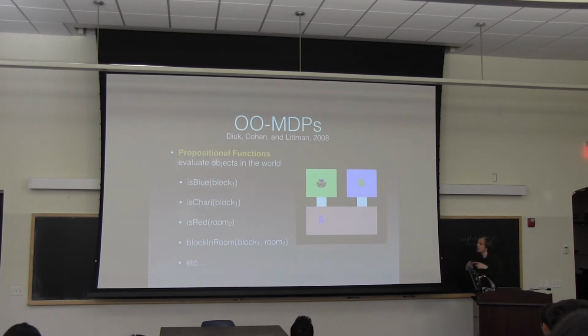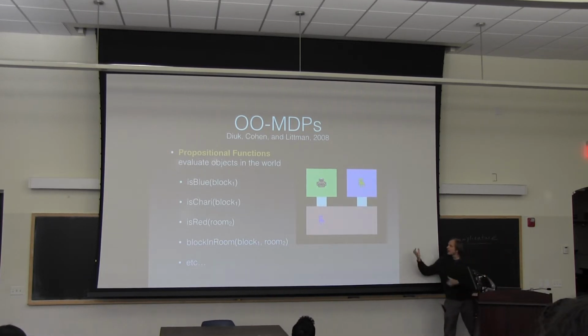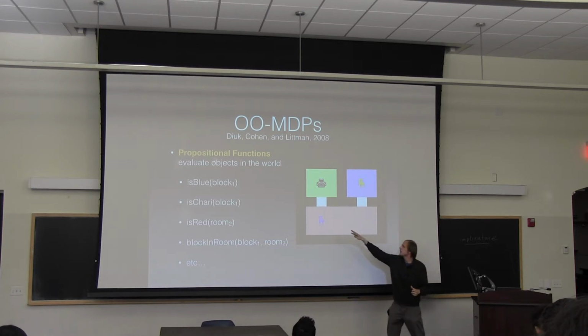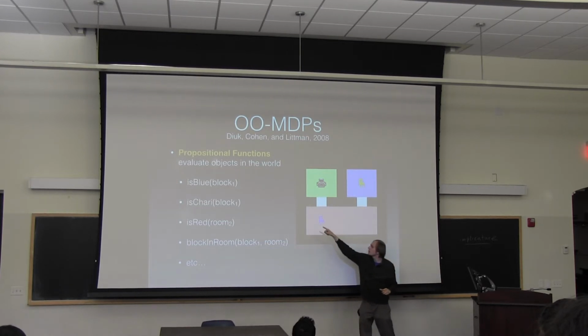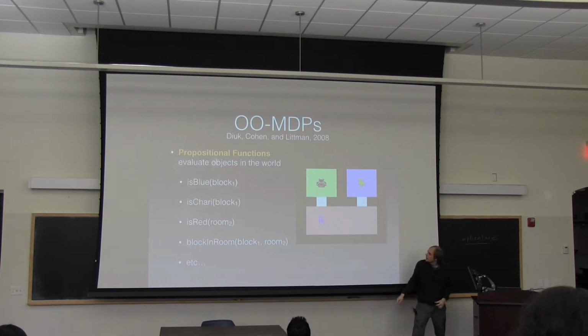The other nice thing is that once you have this object-based representation, you can define high-level features in terms of propositional functions, or predicates. For example, I can define a function included with this OOMDP, is blue, that evaluates block objects. So we know is blue is true for block 1 because it has the value blue.